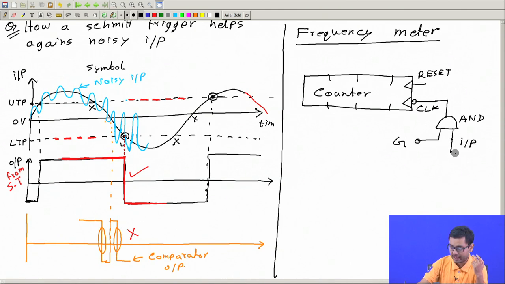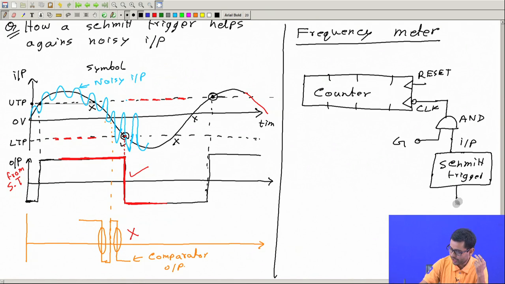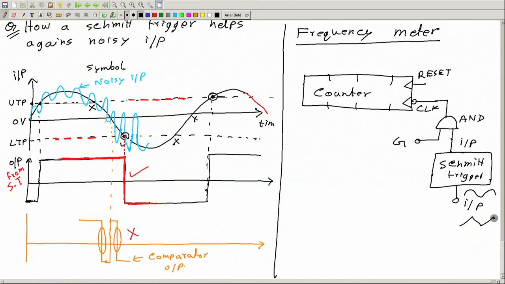Now instead of applying the input directly here, we will have the Schmitt trigger before it. So the input will be here. Here we can give a sine wave or triangular wave.